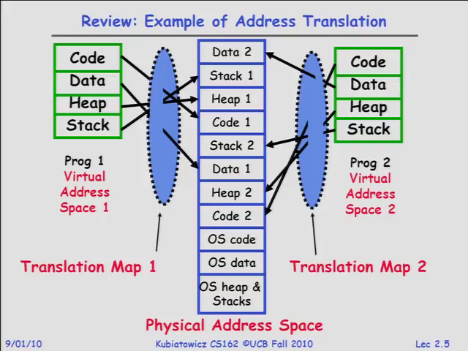Question, yeah. Are we kind of just hoping that we're never running so many processes that we use all our physical memory? Well, yeah, that's a great question. So are we hoping that we're not putting so many processes in here that we overload the memory? In your simple view of things I've given you here, yeah, we better not.